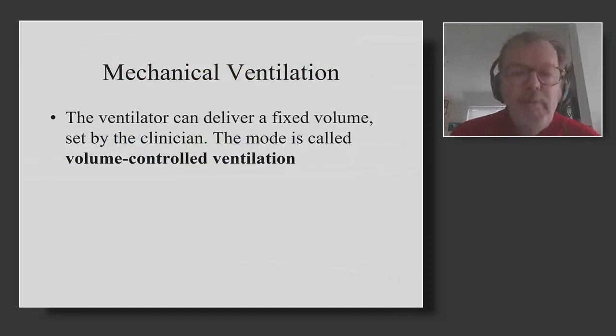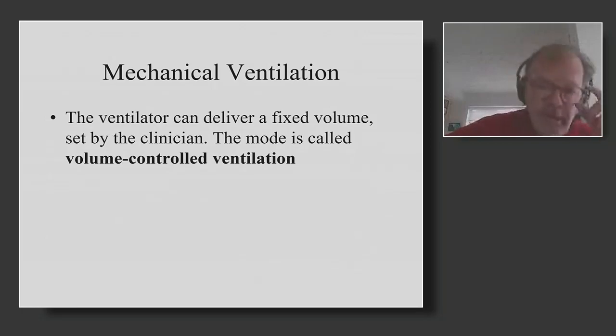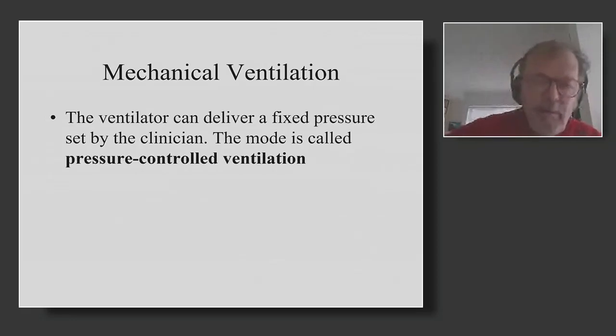There are two main modes of ventilation. Modes where you set the volume, and this is called volume control ventilation. The ventilator delivers a fixed volume which is set by the clinician. Or you have modes where you don't set the volume, but you set the pressure.